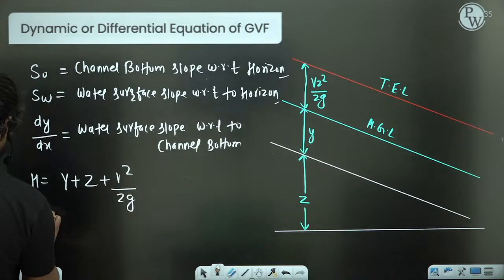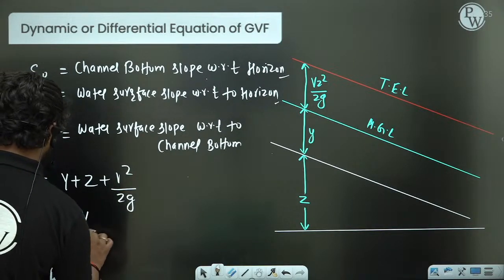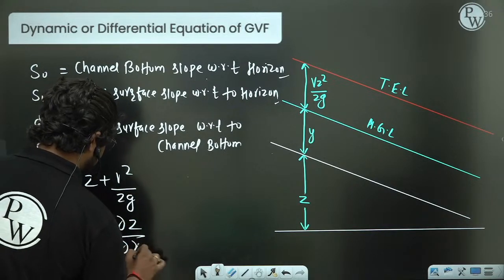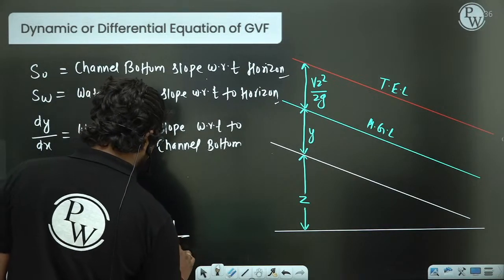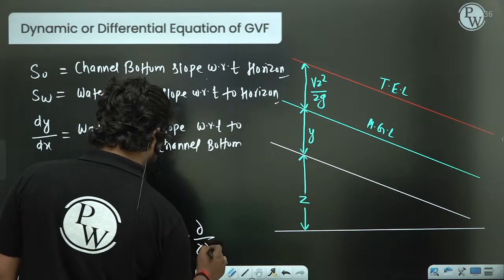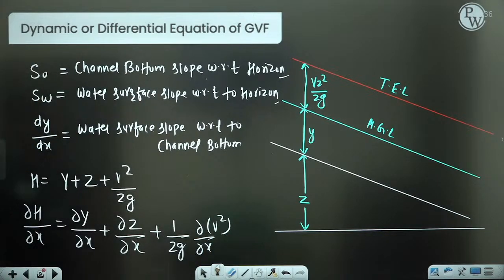So this will be dH/dx equals dy/dx plus dz/dx, and you can take 1 upon 2g as common. So this will become, okay, this we are getting. Copy it fast. Copy quickly.